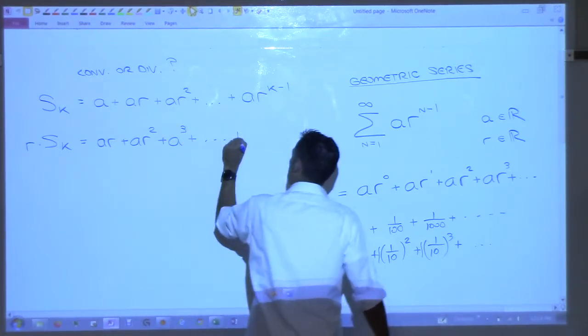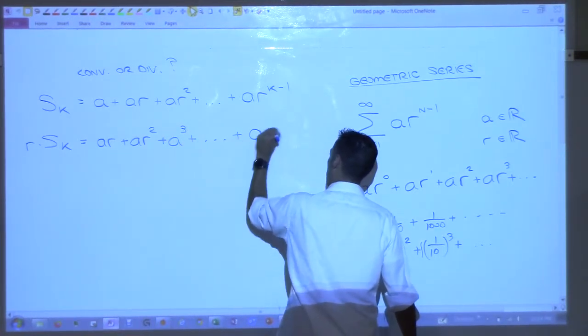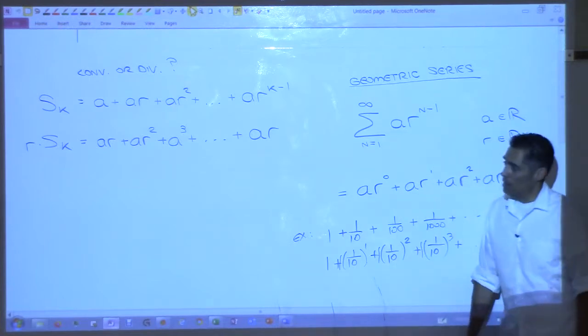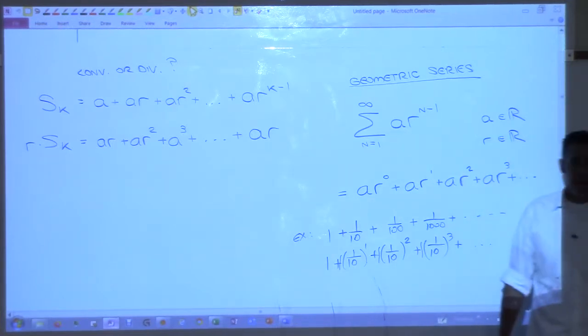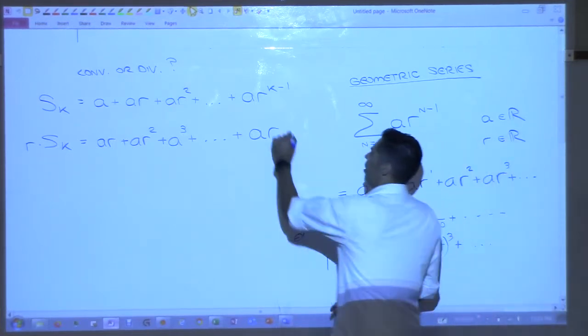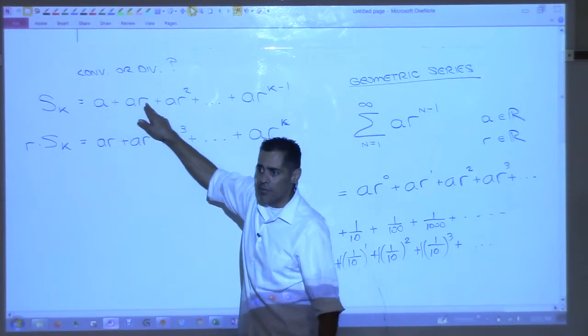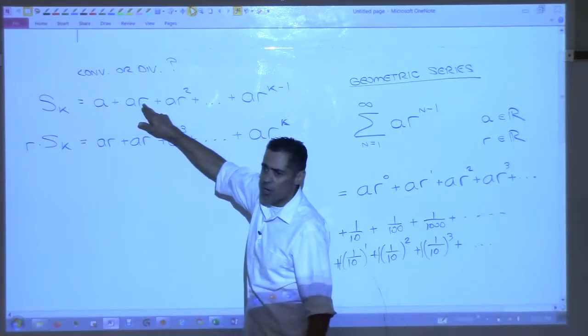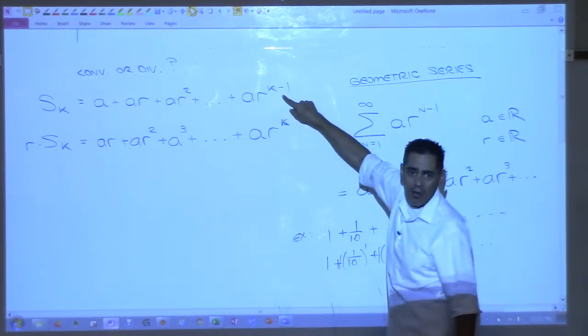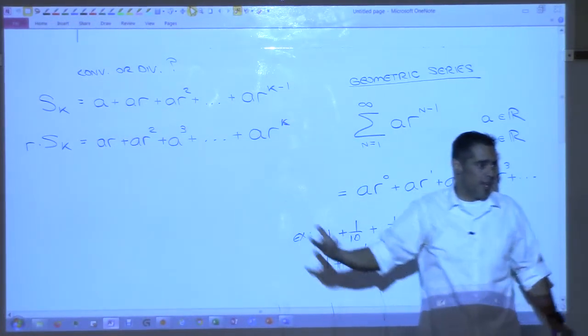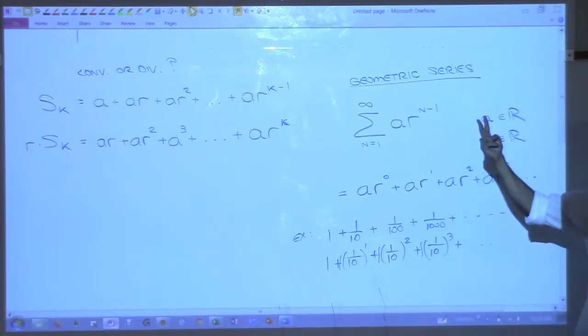Plus, all the way down to the very last one. What's the last one? AR to the, just k this time. All you're doing here is adding a factor of r to each of these, right? That gets an r, that becomes r squared, r cubed. And then this one gets another r, so that k minus 1 becomes just k. Do you all agree with those two lines?